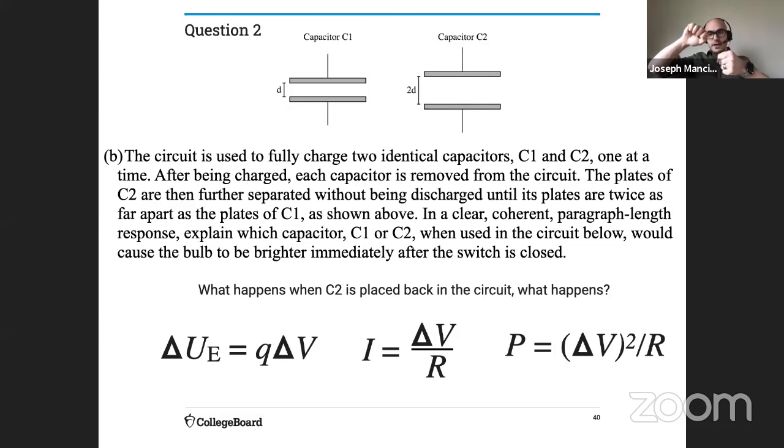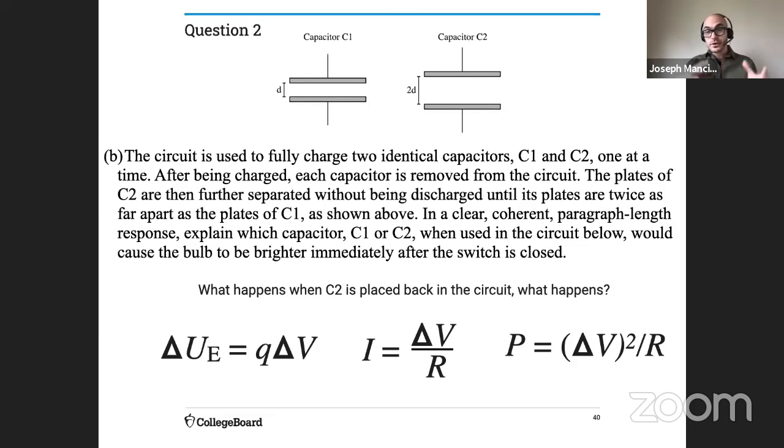Doing that change to capacitor 2, separating the plates further, increasing the separation distance, increases the potential. You can make that argument even without directly referencing the equation. At a greater distance, we are going to increase the potential because of the negative sign in that calculation.